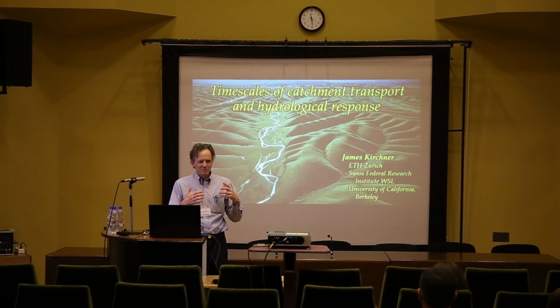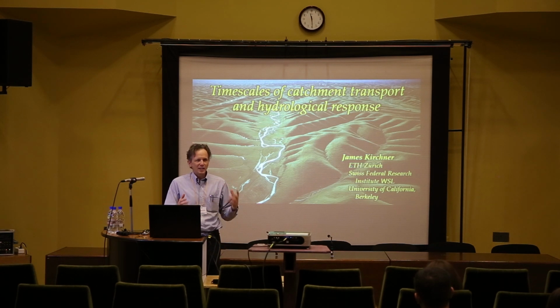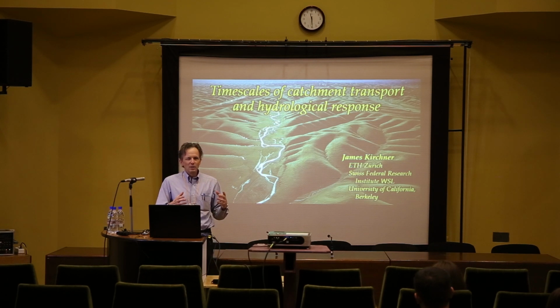And I said, "Well, that's very funny. I wonder what the problem is. Send me your data." And in his data, he had a catchment where the stream flow output was more than twice the rainfall input, not just for a storm, but long-term average. There's twice as much water coming out as going in.